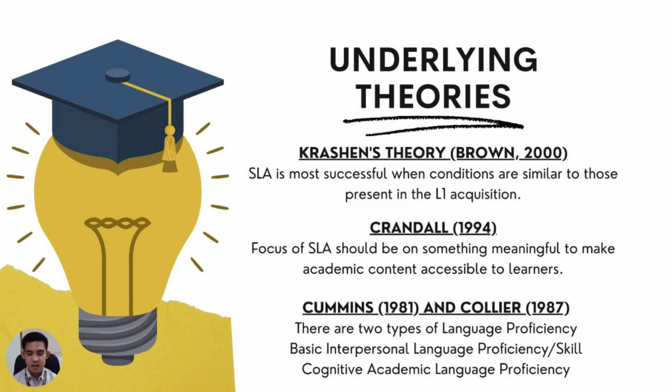These two kinds of language proficiency need to be well taken care of in classroom instruction, because the first builds up the second, and they also coincide with one another. That's according to Cummins and Collier in 1981 and 1987, respectively.